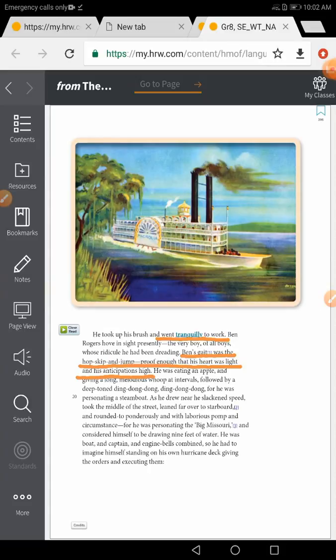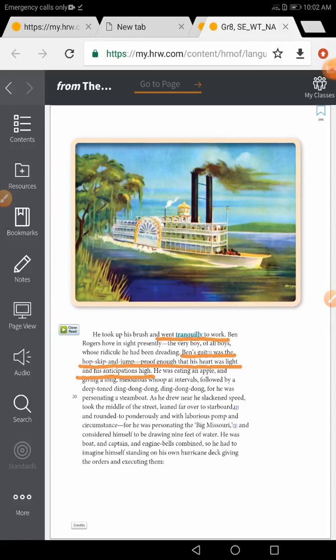What does Twain mean when he says Ben's heart was light and his anticipations high? Think of it as if the author is trying to express Ben's feeling. So he's saying that Ben is feeling happy and carefree. Ben feels happy and carefree. This is the answer to the first part.